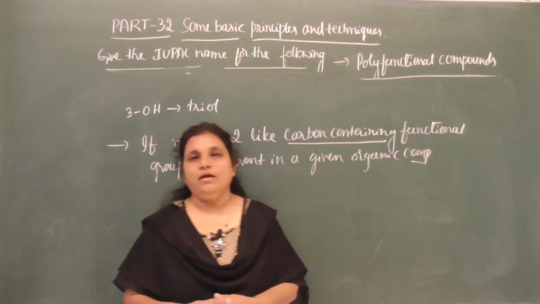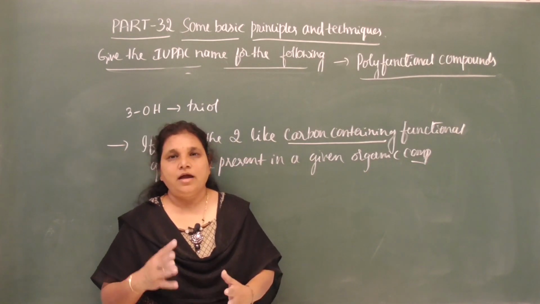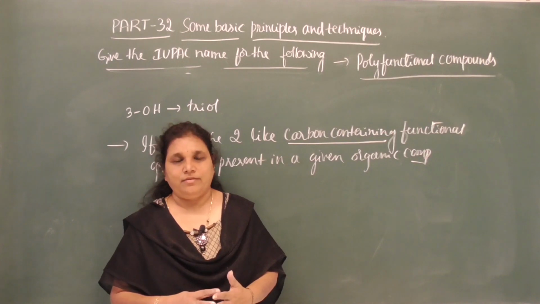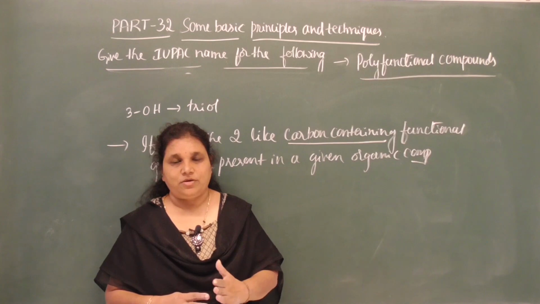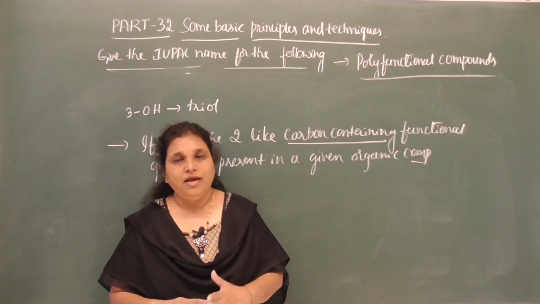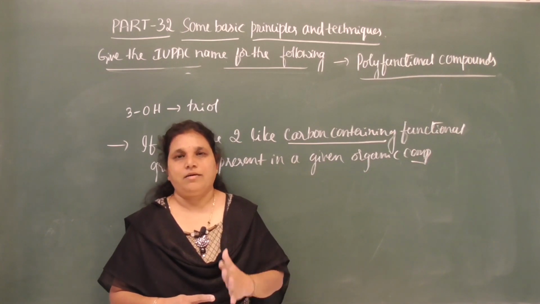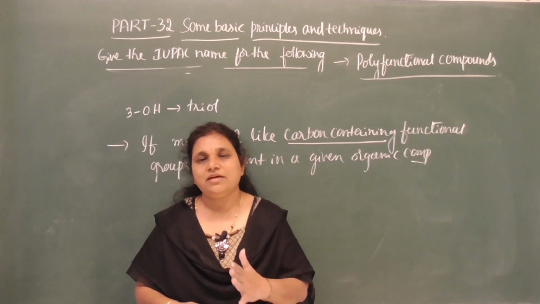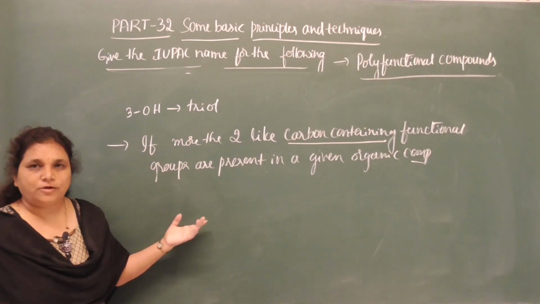It may be the aldehyde, carboxylic acid, amide, acid chloride. I am not taking the names of ketone and esters because they also contain carbon, but they are non-terminal functional groups, so we cannot consider those functional groups here.